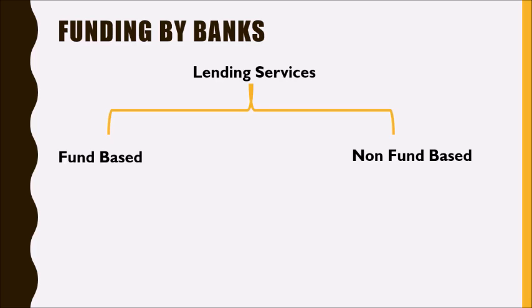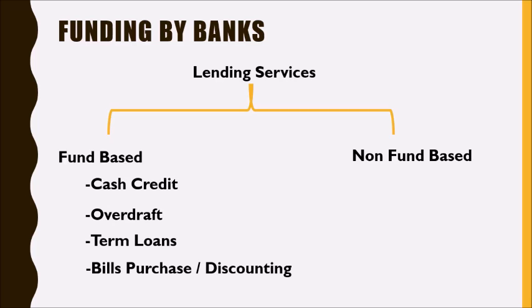In fund based, there will be a physical transfer of cash under a loan account, and that can be in the form of cash credit or overdraft, or term loans, or bills purchase or discounting. Each and every product has its own features that we'll of course see gradually in the course. Then there are some non-fund based facilities like guarantees and letters of credit. So these are all the ways by which the banks will do the funding.